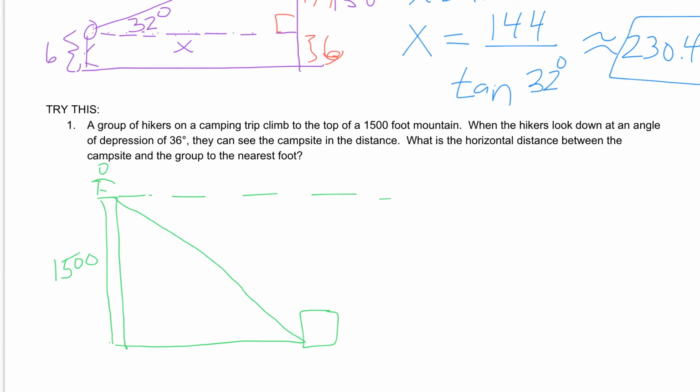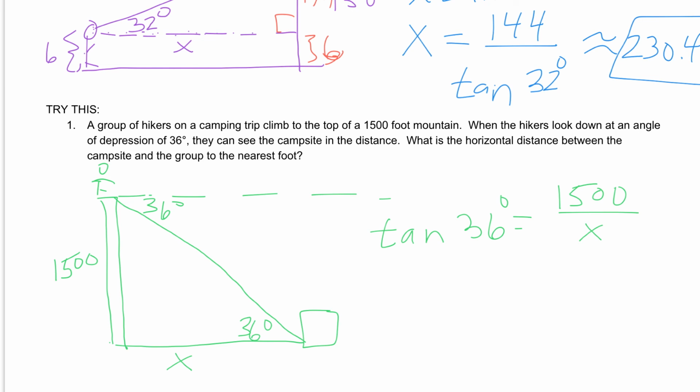So our angle of depression here is 36 degrees, which means our angle in here is going to be 36 degrees. So if we go and set this up, we're looking for that horizontal distance, which is x. So we would have the tangent of 36 degrees equal to 1500 over x.